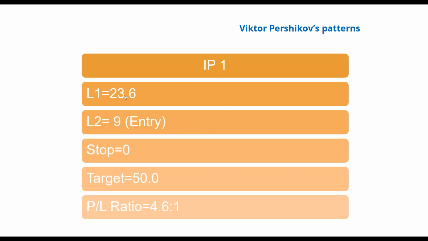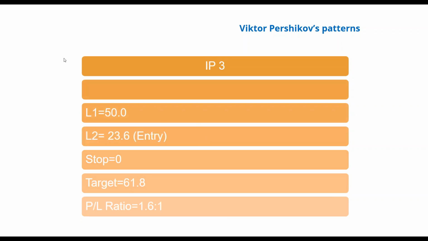So IP1 is 23.6, 9, 0, 50, and potential profit to loss ratio. IP2 is the price needs to hit 38.2, then it needs to reverse to 14.6, stops here, target 61.8, and of course the profit to loss ratio is higher. My advice is to use a stop that is higher than 0, because you saw some examples where price actually reversed after it broke the stop.